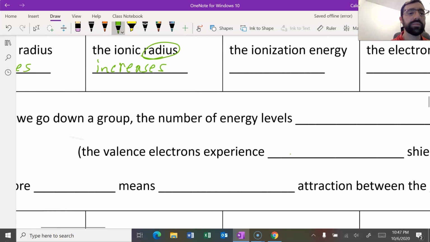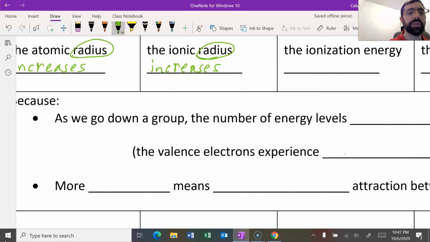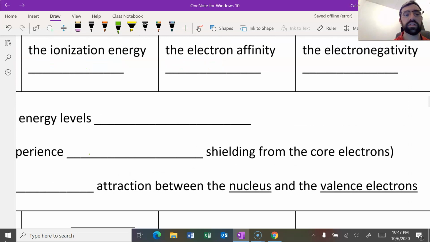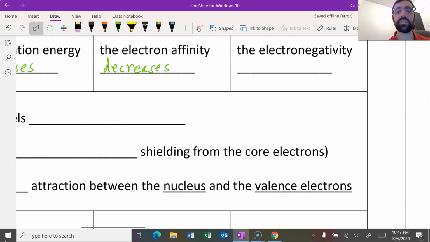Remember, both of our radius trends are snowman trends. Then we get our 3 snow cone trends. The ionization energy, as you go down a group, decreases. The electron affinity decreases. And the electronegativity decreases.